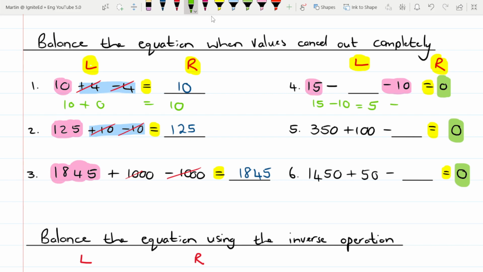Okay, but we know that 5 is not equal to 0. So the question is, what do we need to subtract from the 5 to know that the answer would be 0? And the obvious answer would be, if we've got 5, we need to subtract 5 to get our answer of 0. So it's 15 minus 5 is 10, subtract another 10, answer is 0.